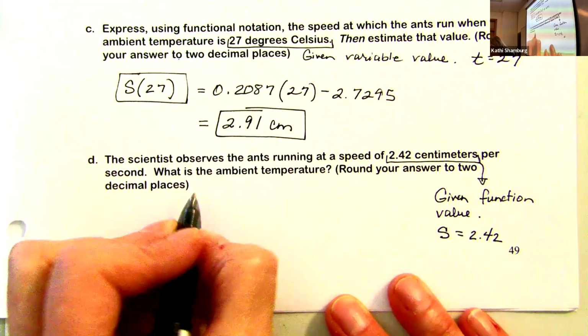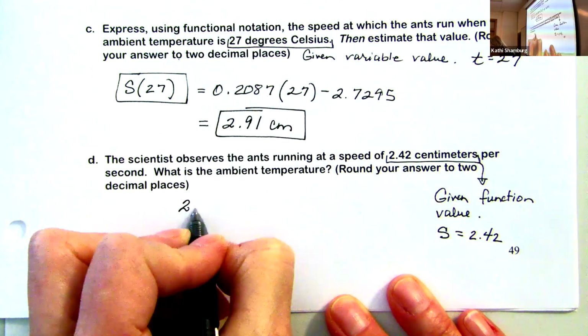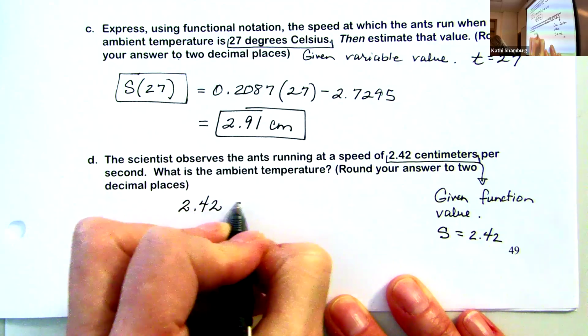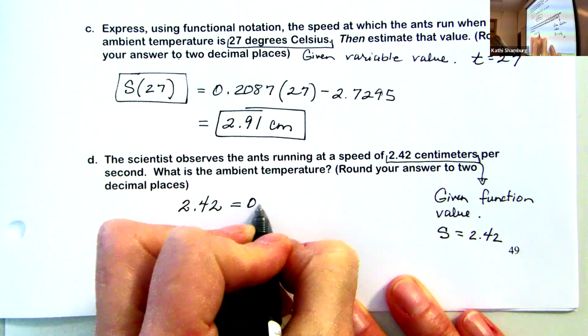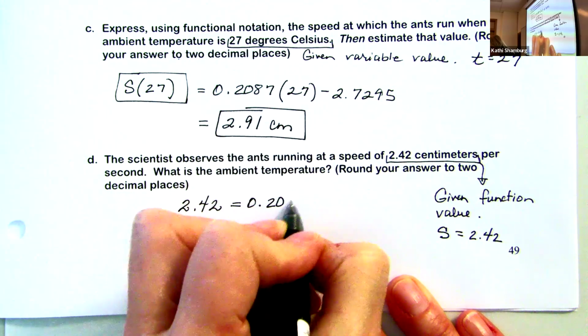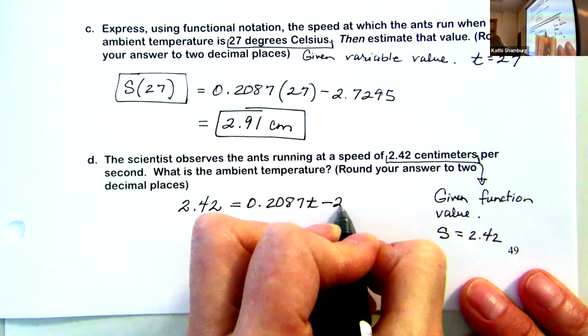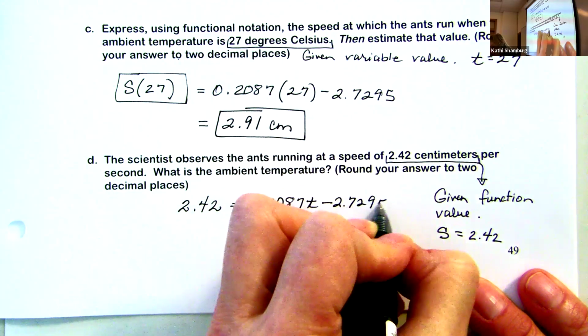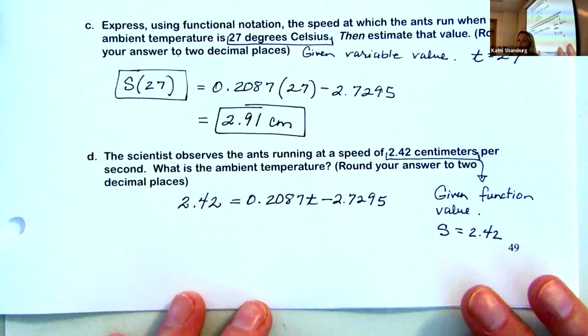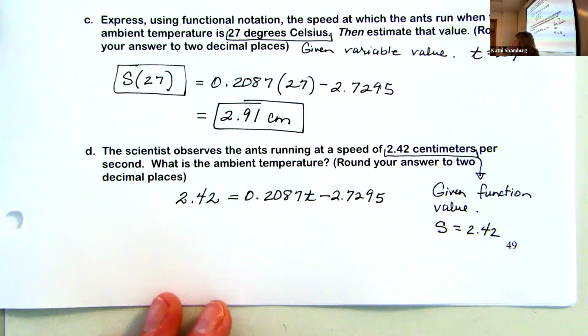So that means that goes in place of the function: 2.42 equals 0.2087 t minus 2.7295. So now I have to solve for t.